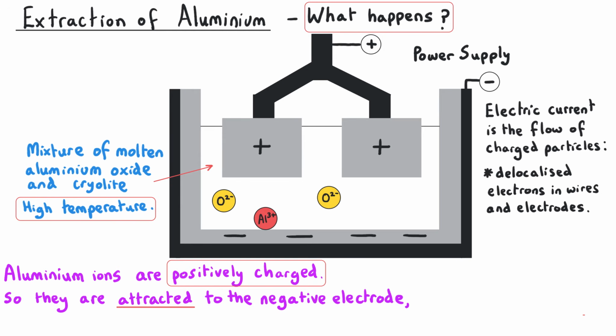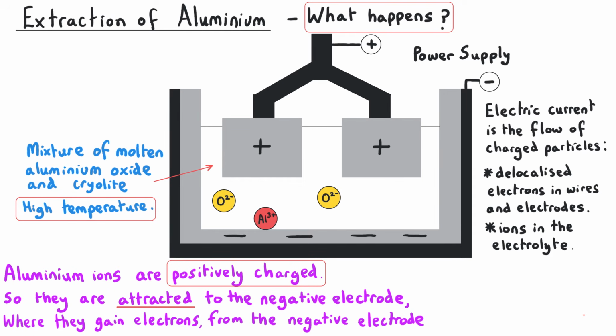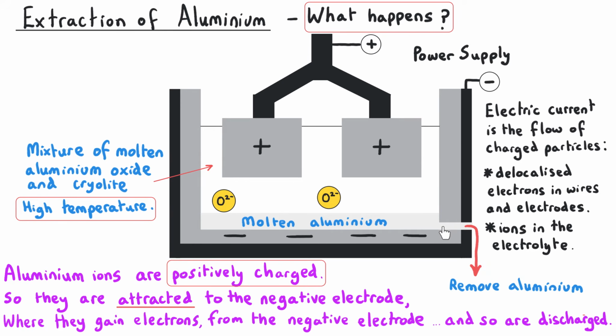When they get to the negative electrode, they will gain electrons and they will be discharged, meaning that they will lose their charge. And then molten aluminium will collect at the bottom of the cell, where periodically it could be pumped out, or they could open some kind of connection here and allow it to run out from this container into a separate container.